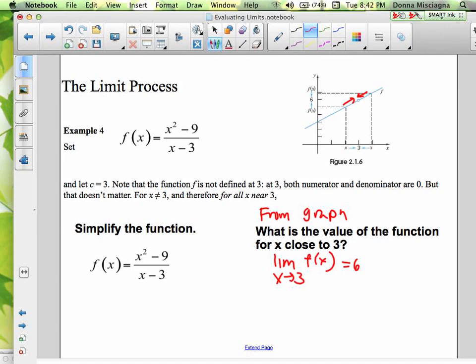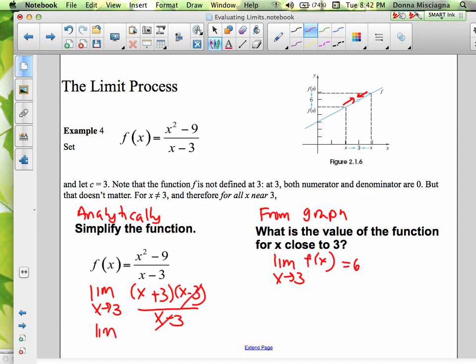Let's simplify the function. So now we'll do it analytically. We have the limit, as x approaches 3, of x squared minus 9, which is x plus 3 times x minus 3, over x minus 3. Those would cancel. So we have the limit as x approaches 3 of x plus 3, and now we can substitute into this one.